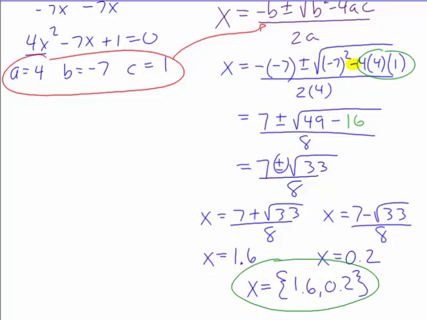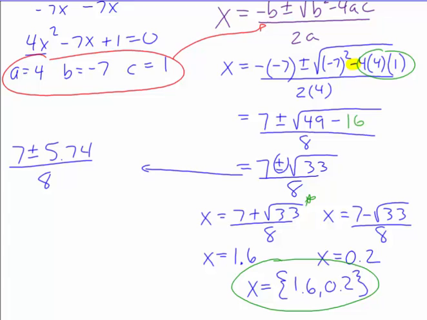Now, if you don't like putting it straight in your calculator like this, you can calculate out your square root of 33 first. So I can do that over here. So we can go, okay, square root of 33 in my calculator is about 5.74, all over 8.